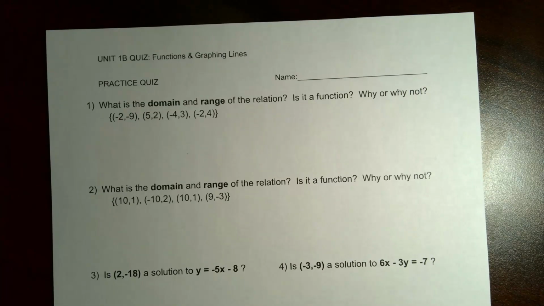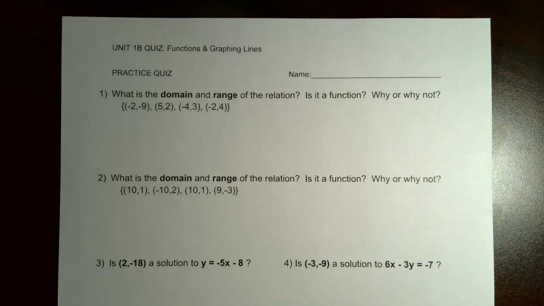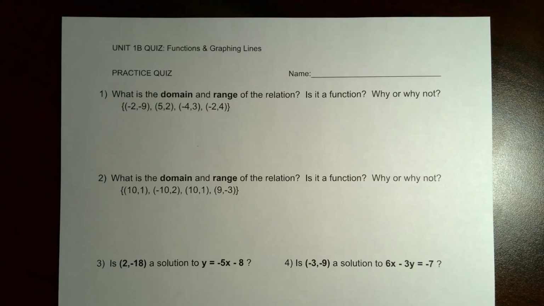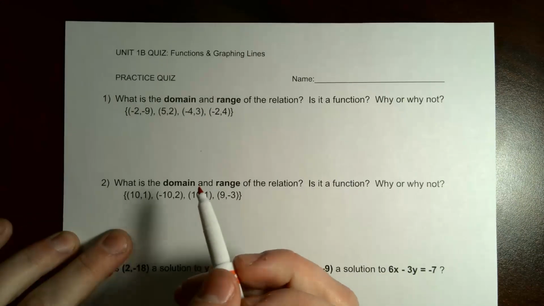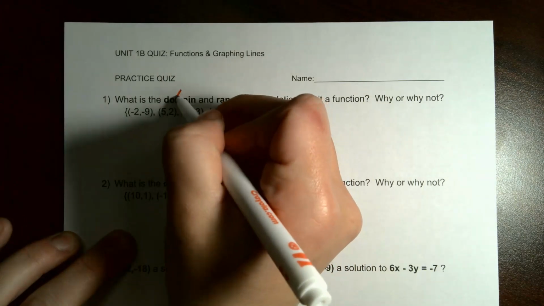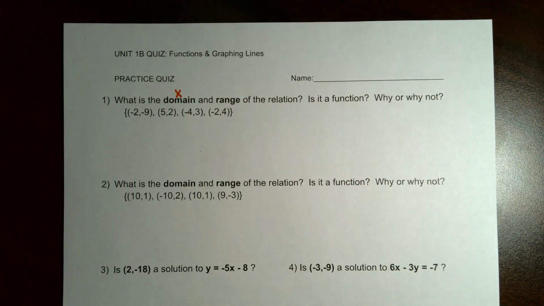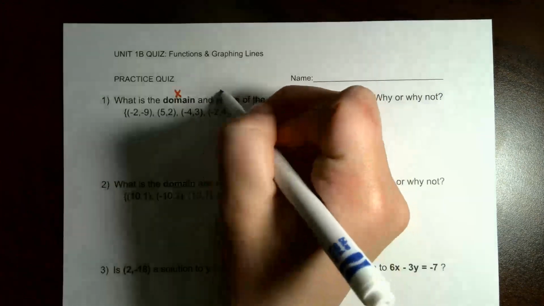Number 1, the question says, what is the domain and range of the relation? Then, is it a function? Why or why not? So let's start with our domain. And we remember that domain is going to be x values. Range is going to be y values.